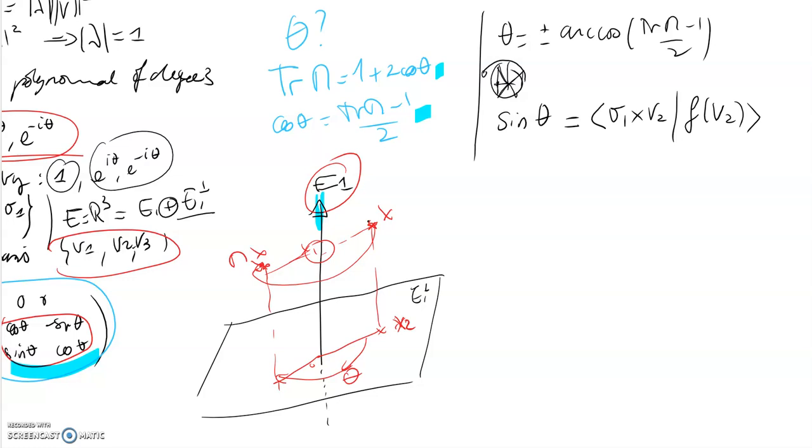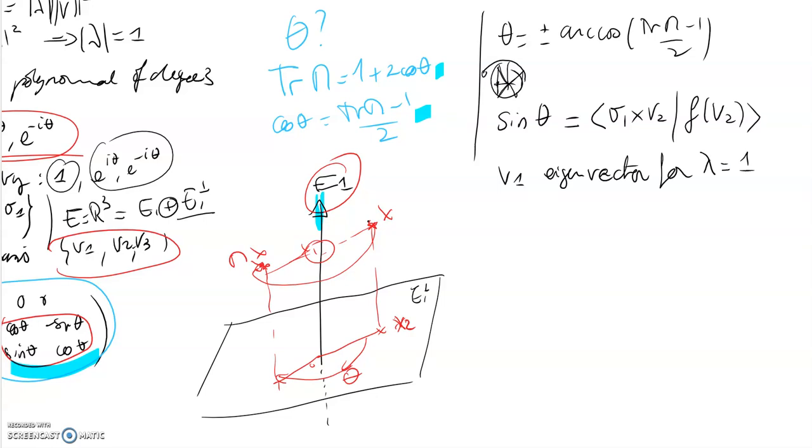So we should say what we have here. V1 is the same V1 as the one I used earlier, the eigenvector for the eigenvalue lambda equal to 1.